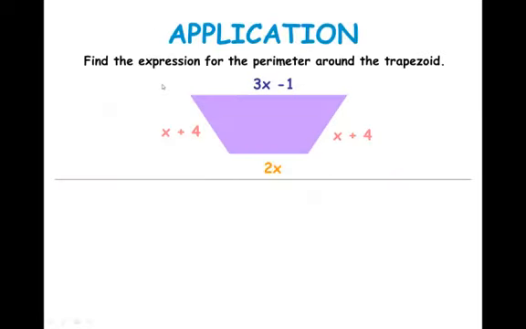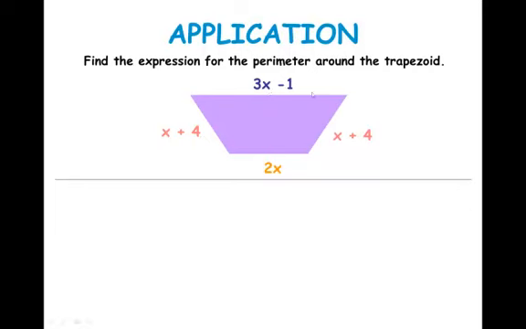Now, we can use our knowledge of simplifying like terms in an application like this. If you were given an expression for a trapezoid such as this, one side is 3x minus 1, x plus 4, 2x and x plus 4, we can use this to be able to simplify the expression for the perimeter.